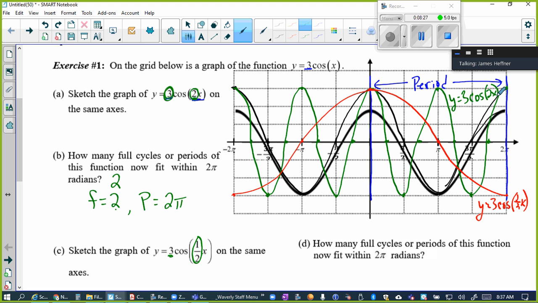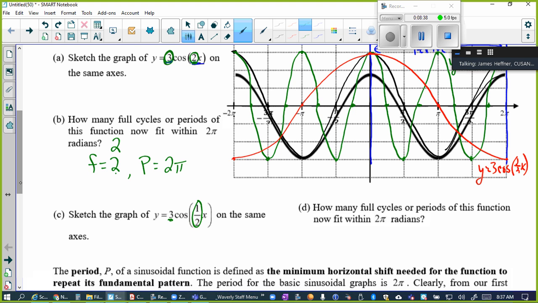So what happened? So the period's the same, right? Well, no, the period's not quite the same, is it? How many full cycles did it do from 0 to 2 pi now? It did a half cycle, right? It did a half. Okay. So our period is different now, isn't it?